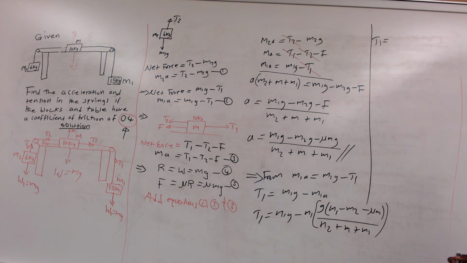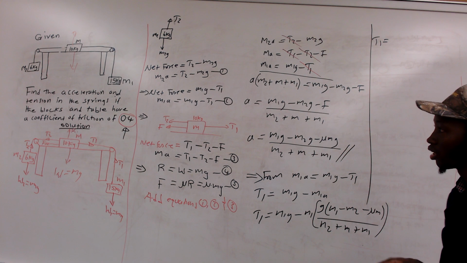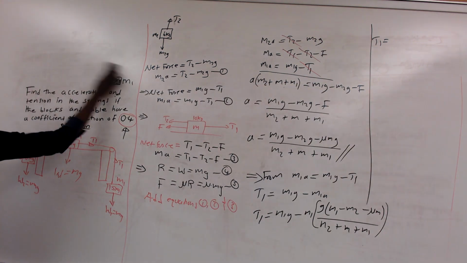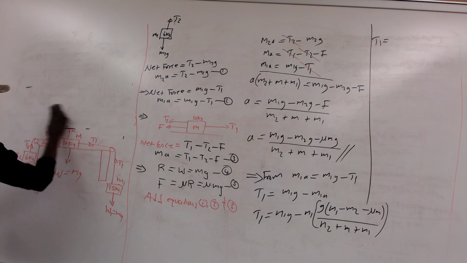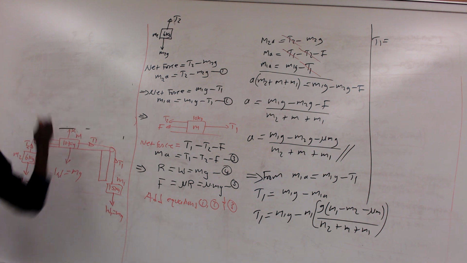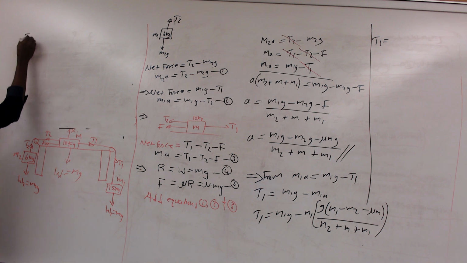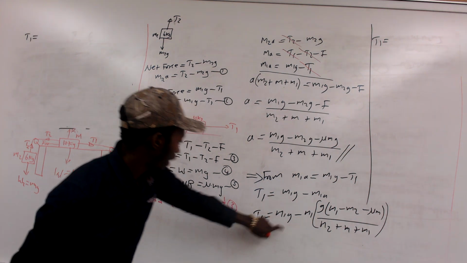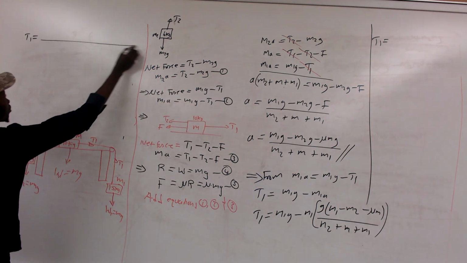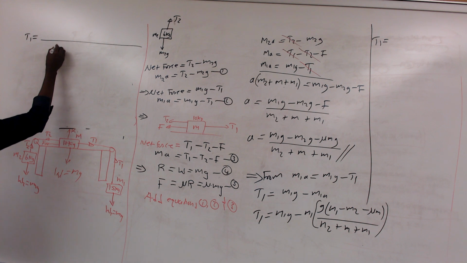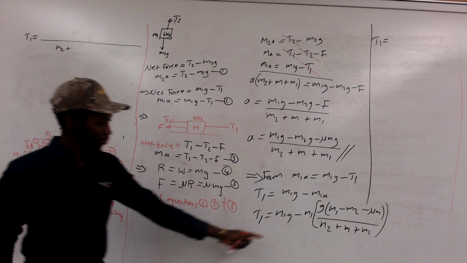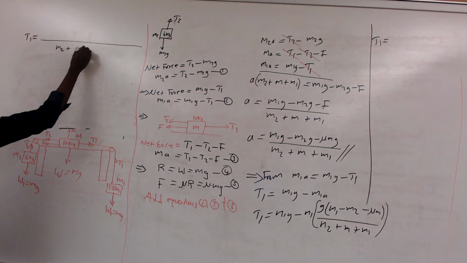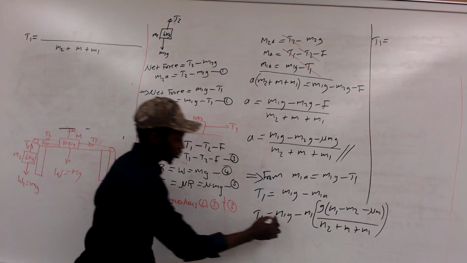This is it. So if we continue T1, let's clear this part. Here we can find the LCM. The denominator is going to be M2 plus M plus M1, because this is just all over 1.